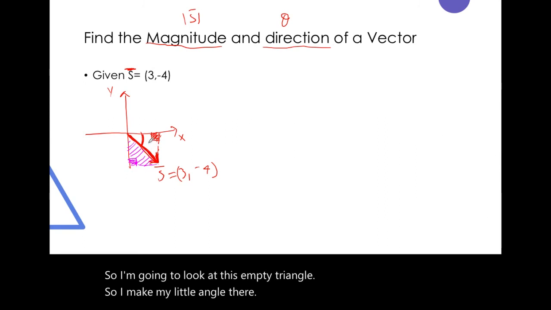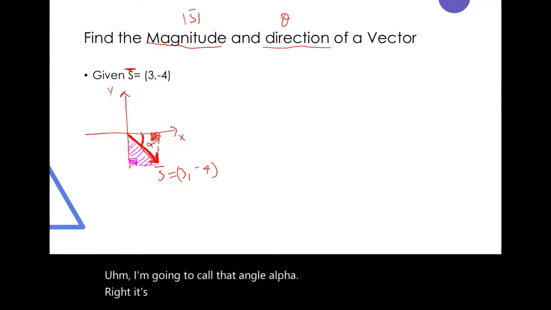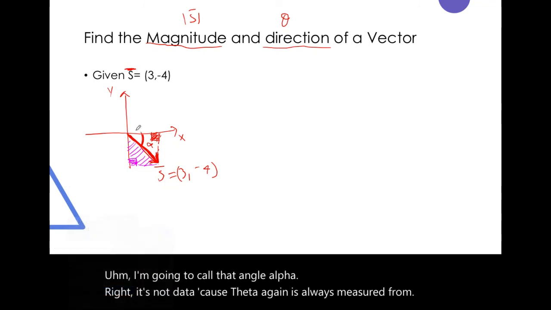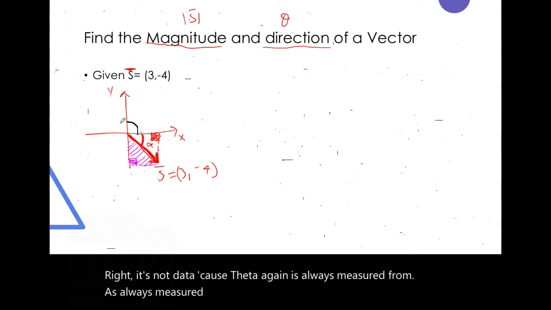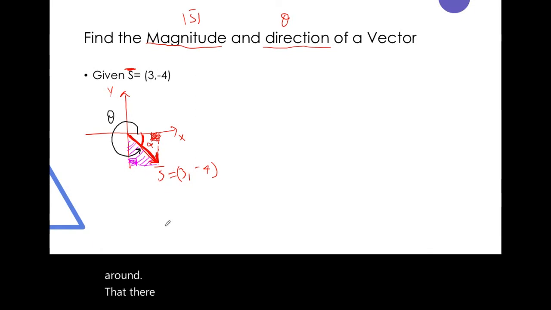And I'm gonna call that angle alpha, right? It's not theta, because theta again is always measured from the positive x direction. It goes all the way around. So that there is what theta is. Okay.